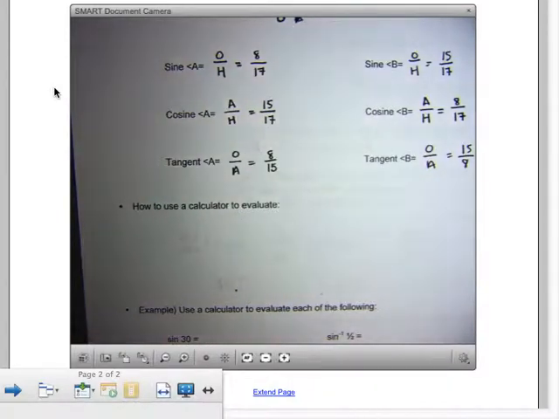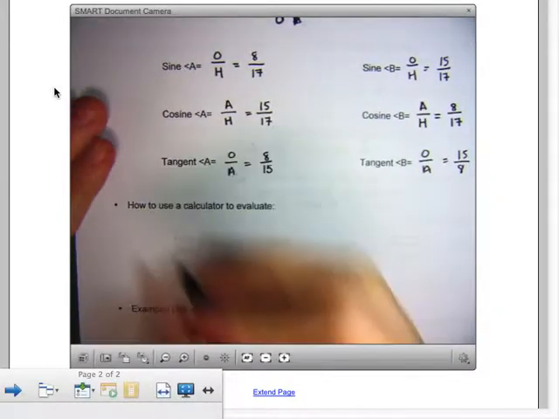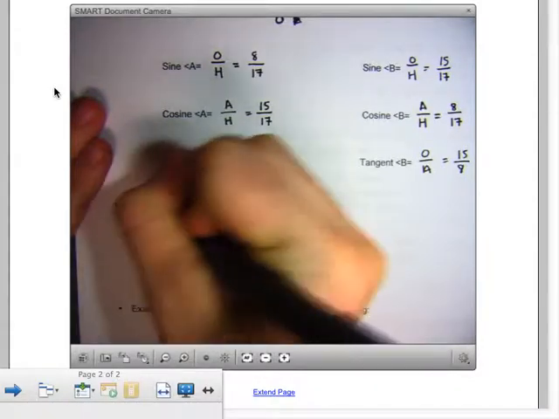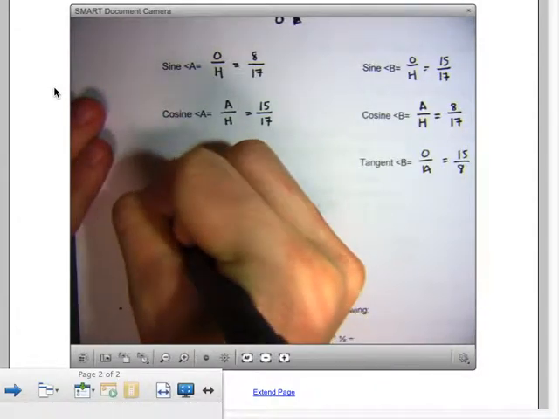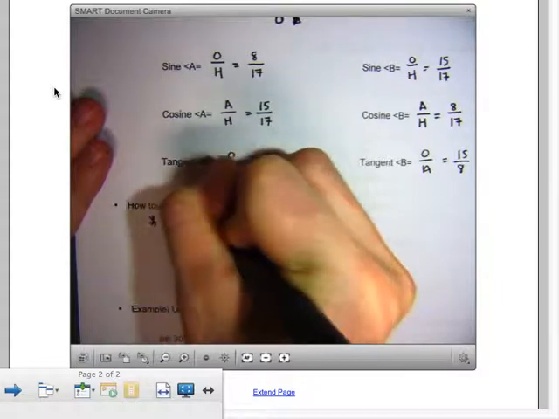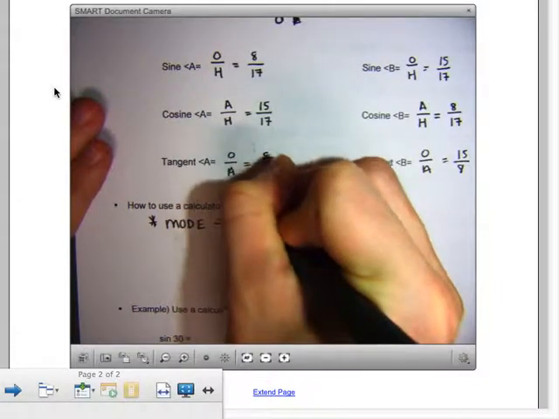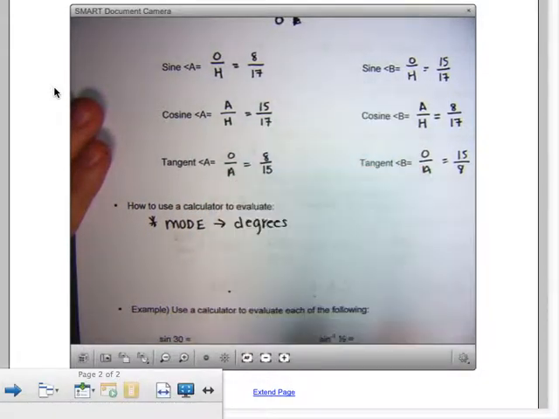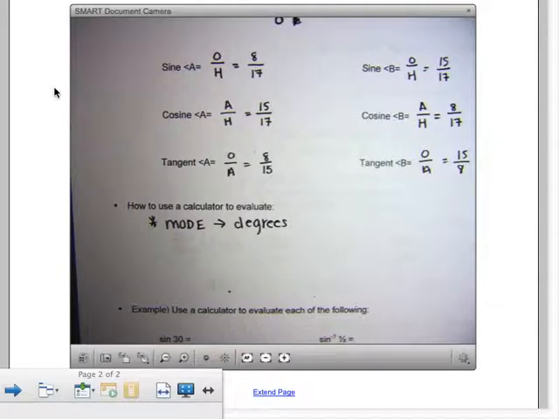Okay, so using a calculator to evaluate. The main thing is your mode has to be in degrees. I'll show you how to change it. If it's not in degrees, then you're going to get some crazy answers.